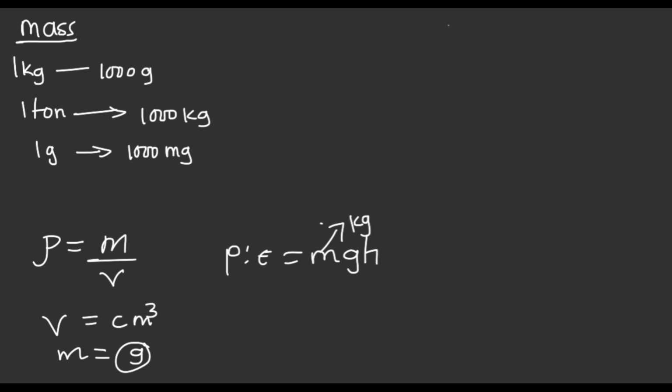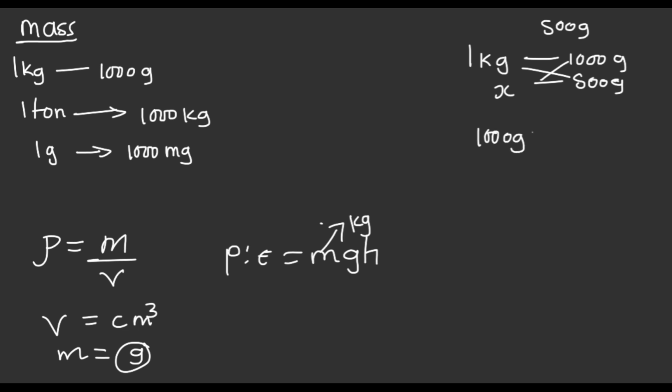But how can we show these workings? So say 1 kilogram is equal to 1,000 grams. Then our task is we want to convert 500 grams. So the 500 grams will be here. Then we put x, we cross multiply. So this will give us 1,000 grams.